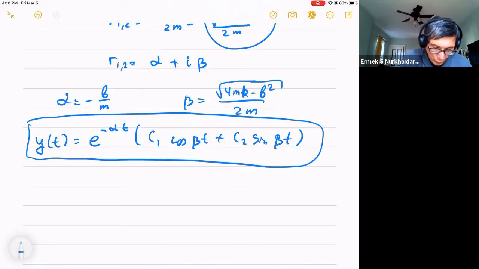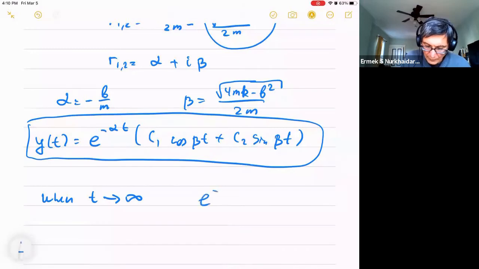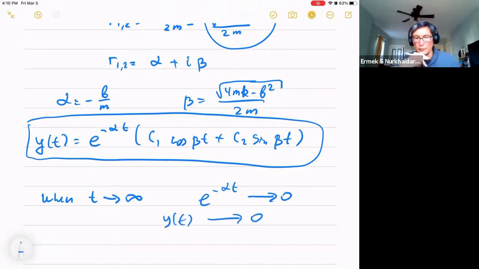So when time is approaching infinity, what is happening? That e to the negative alpha t will be approaching 0, so y of t will be approaching 0. Okay? So eventually our amplitude of oscillation is going to be decreasing.